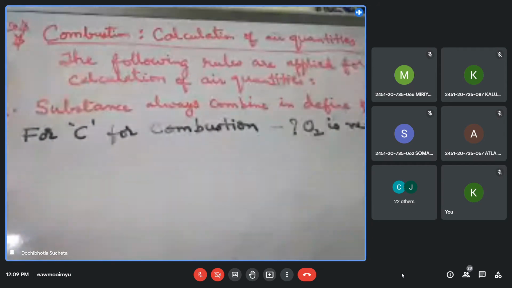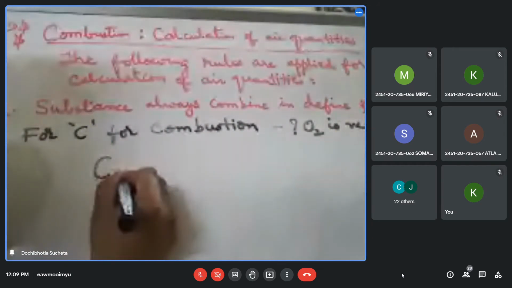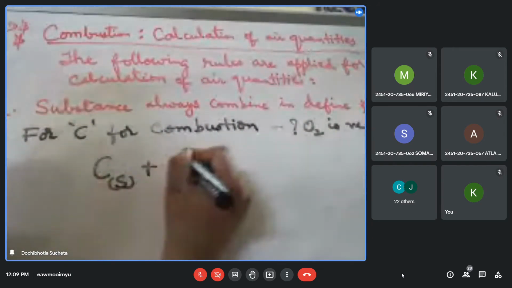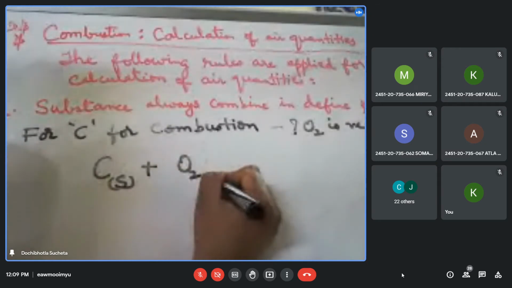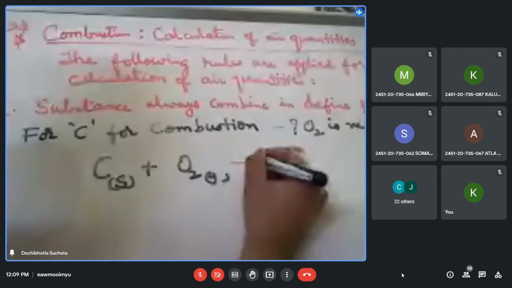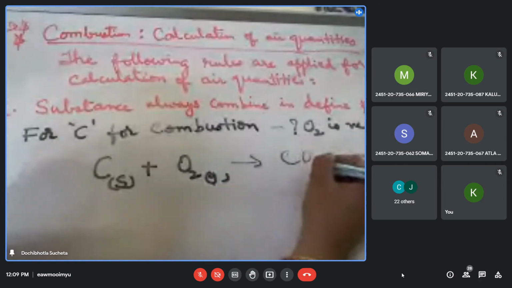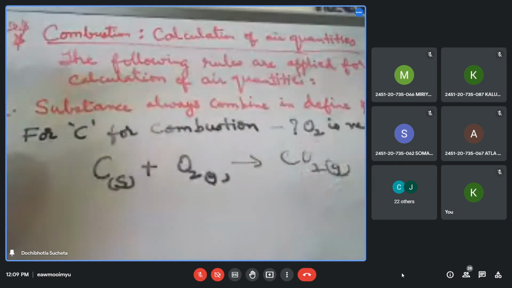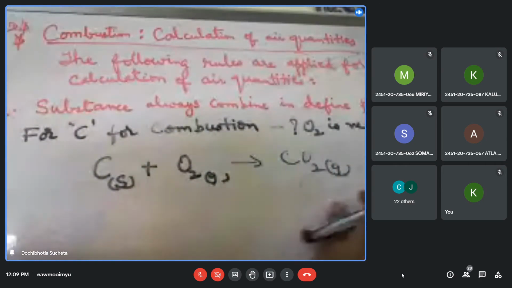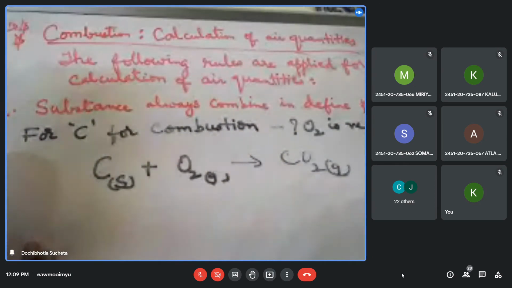Okay, we know carbon, which is a solid, reacts with oxygen, which is a gas, to form carbon dioxide, which is also a gas. Is the equation balanced? It is balanced.